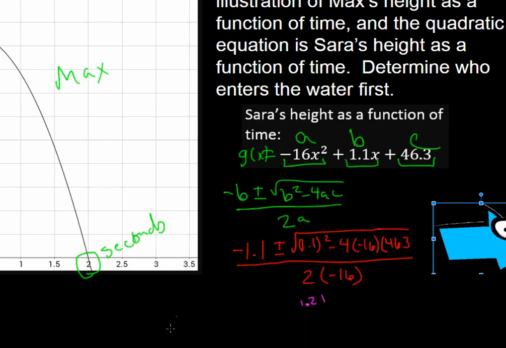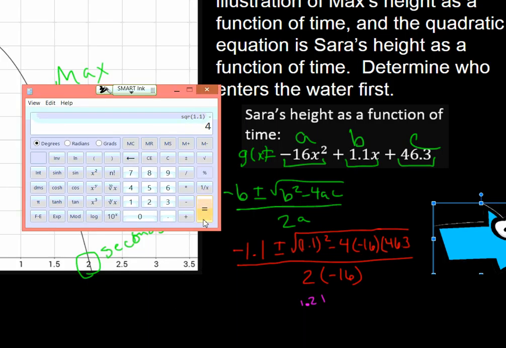And now let's figure out what negative 4 times negative 16 times 46.3 is. Did that wrong. Negative 4 times negative 16 times 46.3.